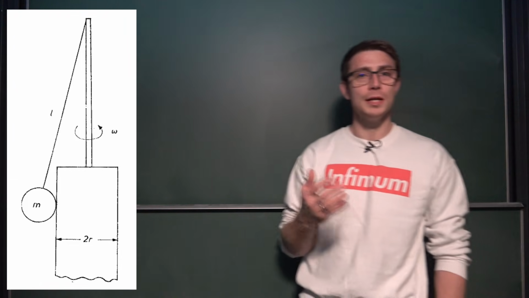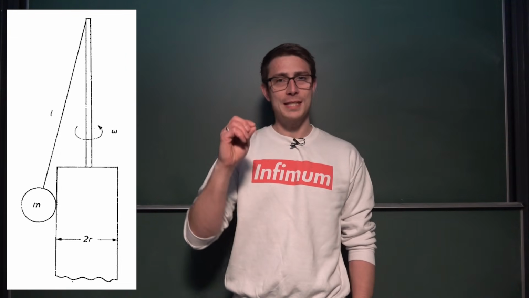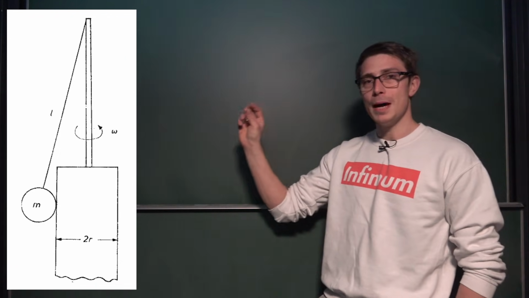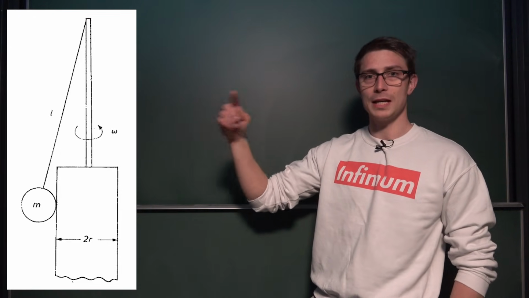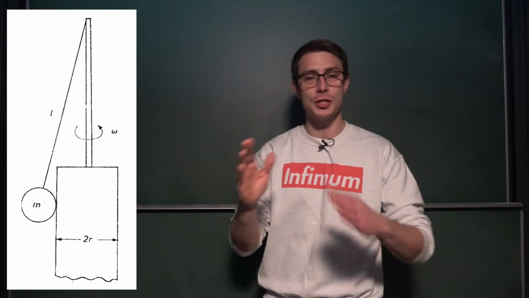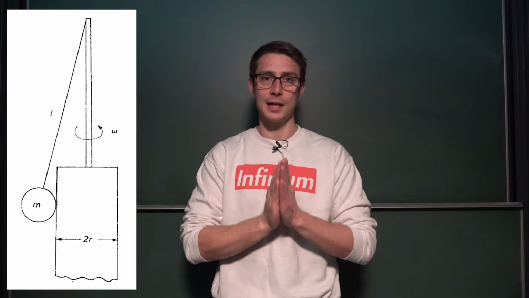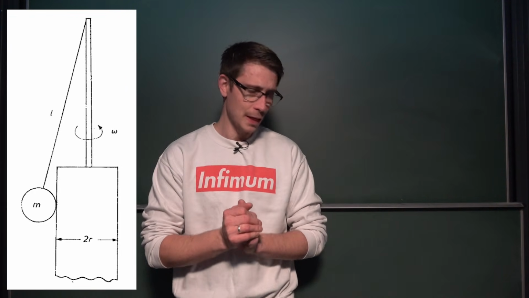And what we have to do is calculate the angular velocity for exactly the moment when the mass starts getting away from the cylinder. So it's rotating around and at some point it just starts disconnecting from the cylinder. And we want to find out what the exact angular velocity is for this boundary condition, you could say.